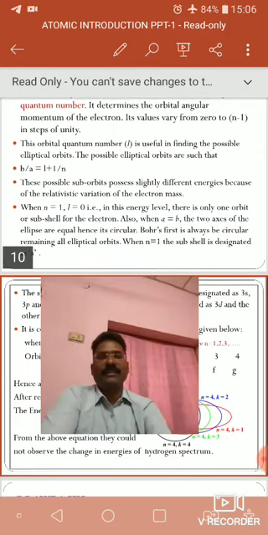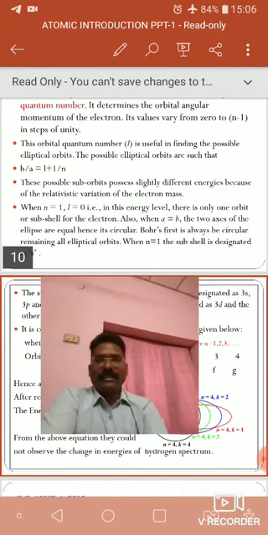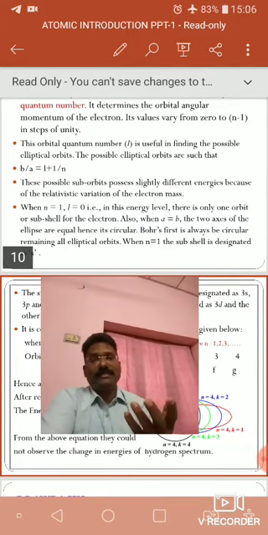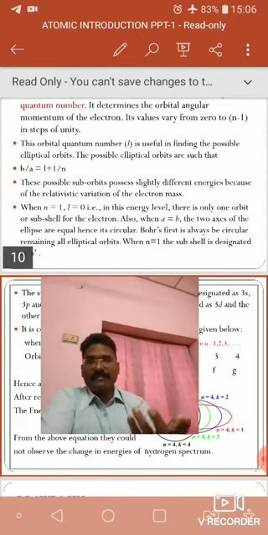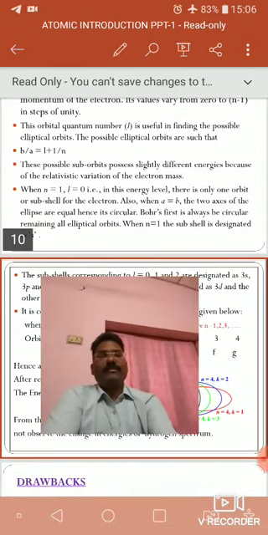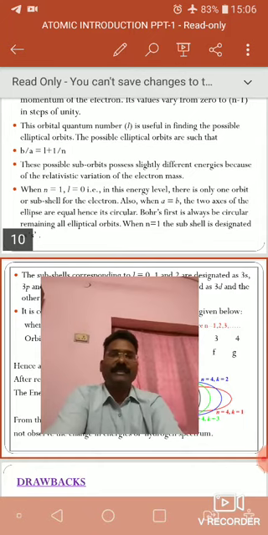But Sommerfeld theory also fails to explain the fine structure of the hydrogen spectrum, and also the distribution and arrangement of the electrons in different orbits and different subcells in an atom. It also fails to explain the Zeeman effect, the Stark effect, and the orientation of the electron in different orbits.